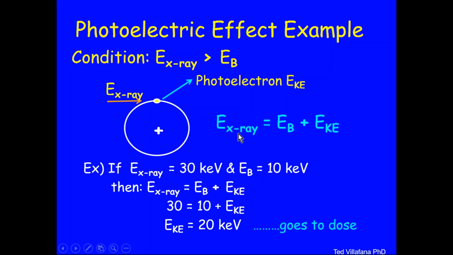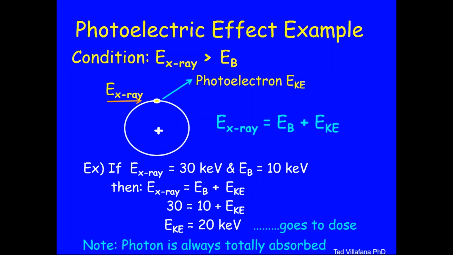Total energy coming in is split between knocking out an electron and expending binding energy there, and then whatever's left over goes into the electron. And in this interaction, that incident photon is always totally absorbed. Poof, that photon disappeared.